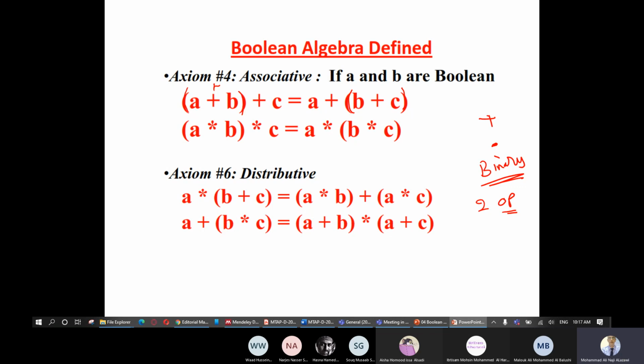Again, distribution. And again, I remind you here, very much similar to decimal. A AND (B plus C), I can distribute A on the elements inside the parentheses, then A AND B plus A AND C. But this is something new.